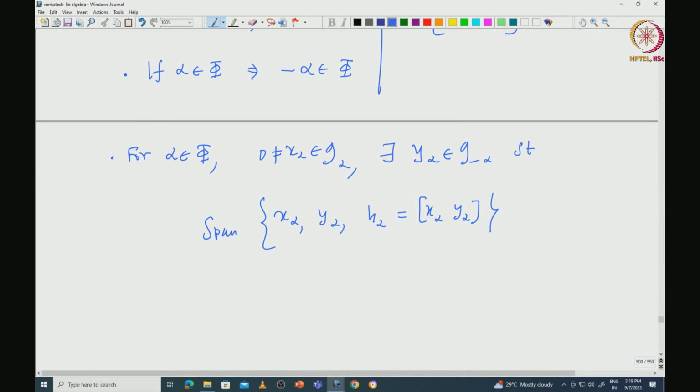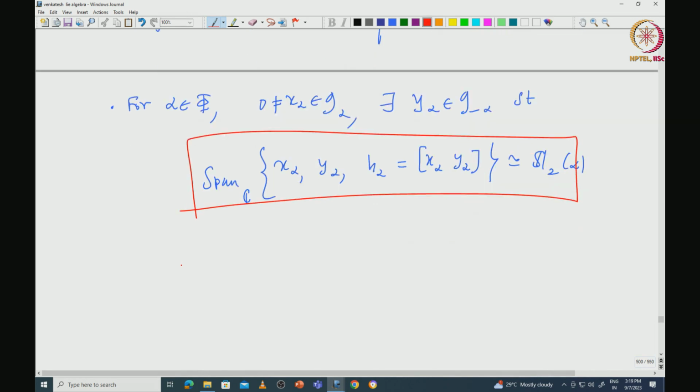That means the span of these is isomorphic to SL2. This is what we have proved so far, and it is a very important result. On the way we also observed that alpha of t alpha, which is kappa of t alpha comma t alpha, must be non-zero. These are all the things that we have proved.